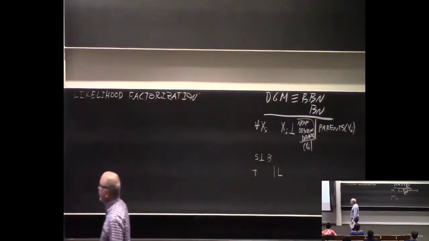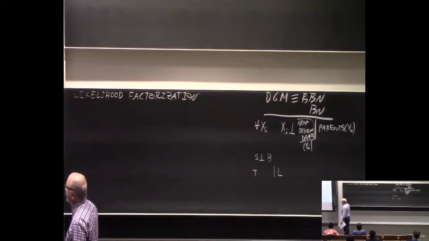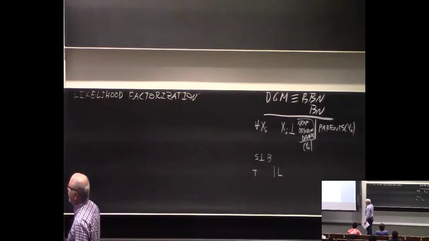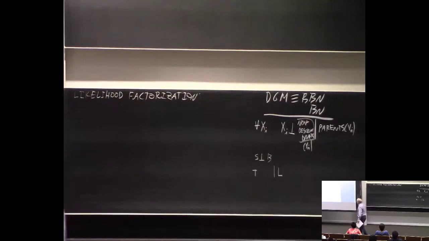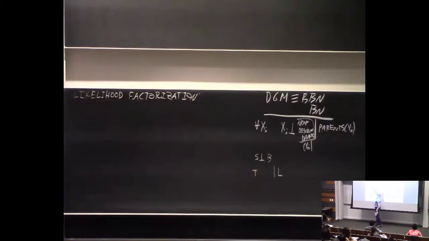What is thunder independent of when conditioned on lightning? Just everything, right? Thunder, when conditioned on its sole parent, is independent of all of its non-descendants. It doesn't have any descendants, so it's independent of all of these, right?